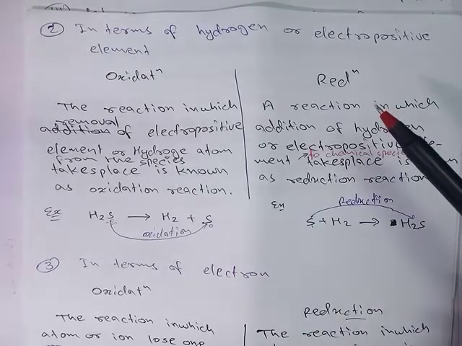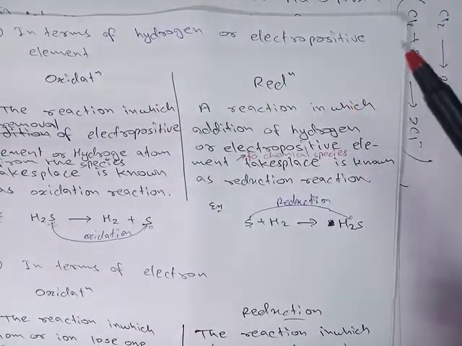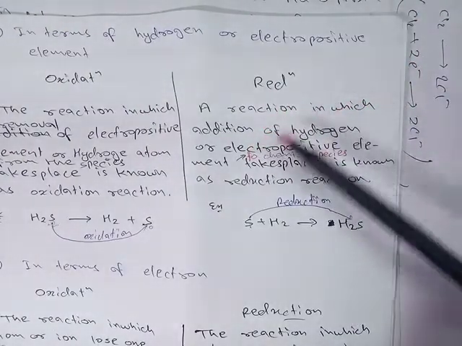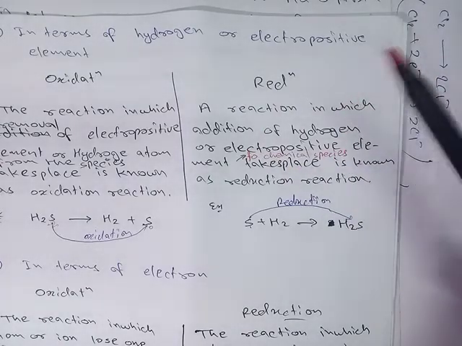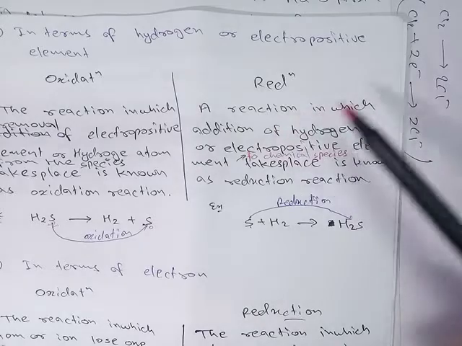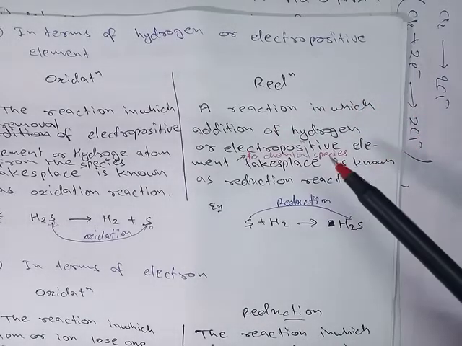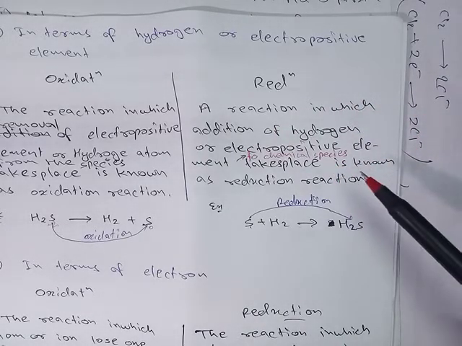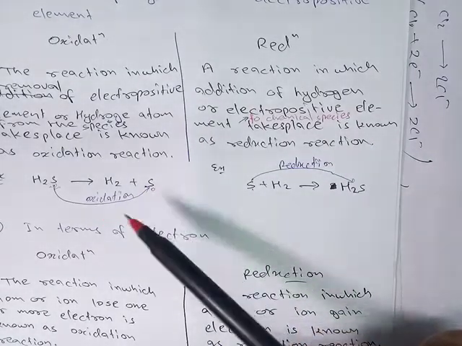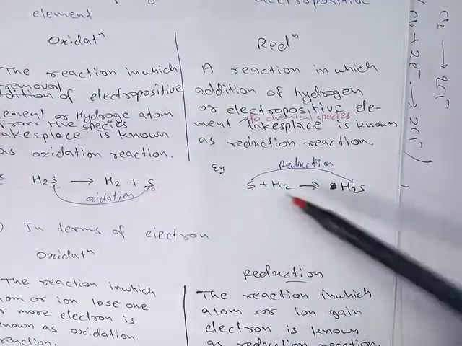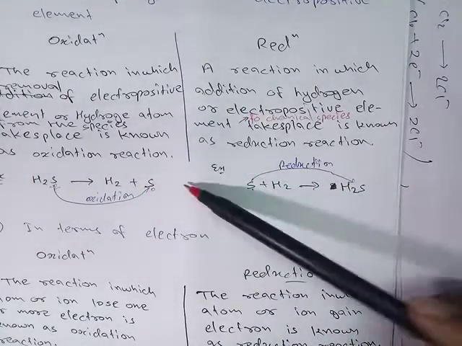And the other one is reduction: a reaction in which addition of hydrogen or electropositive element to a chemical species takes place is known as a reduction reaction. The two reactions are the same but opposite in direction.